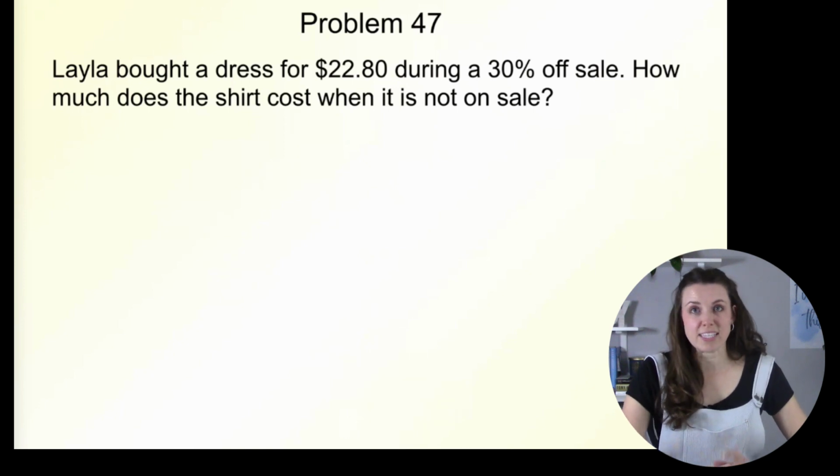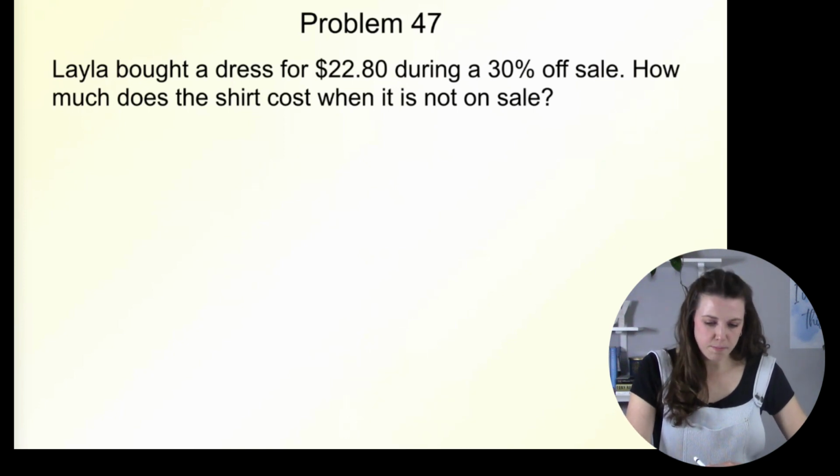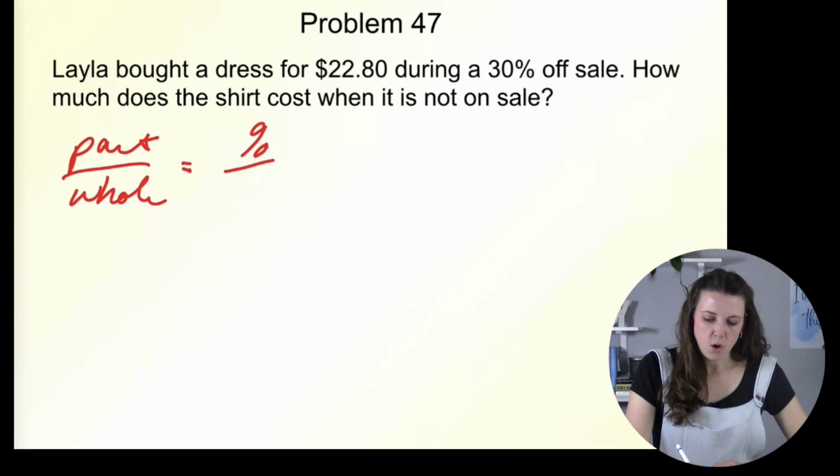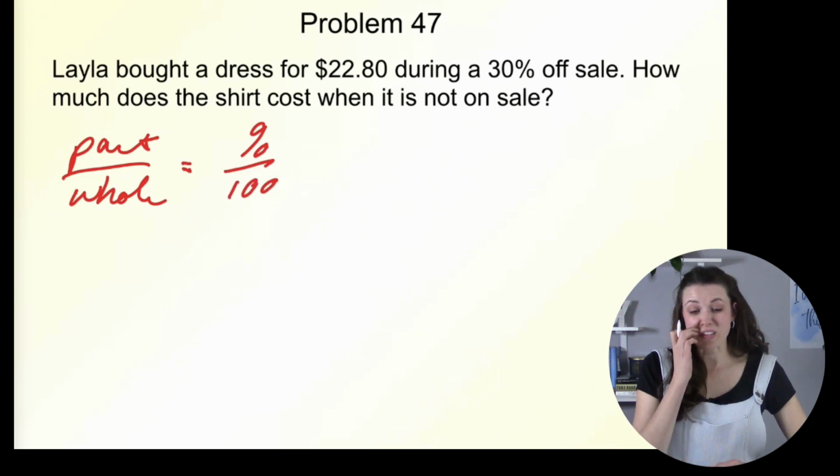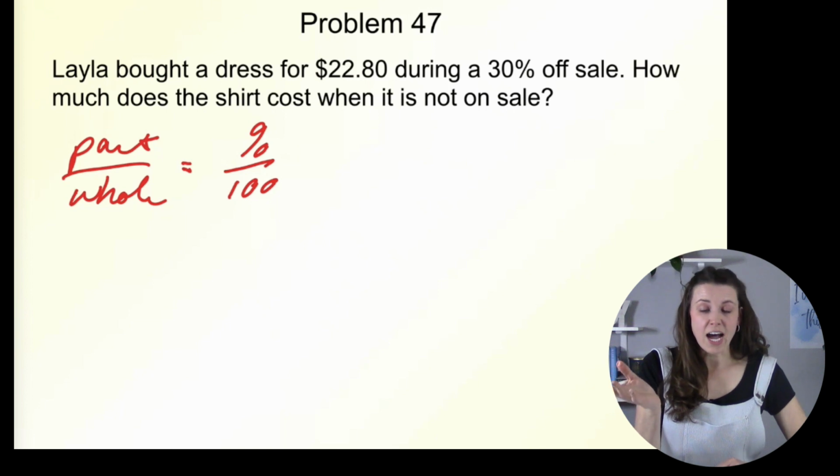Okay, so I'm going to do the same thing I did before, which is part over whole equals percent over 100. Now, here's a little trick. Instead of doing 30%, I'm going to do 70% because I know how much she paid, right?